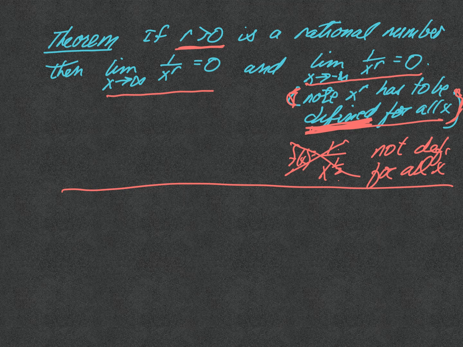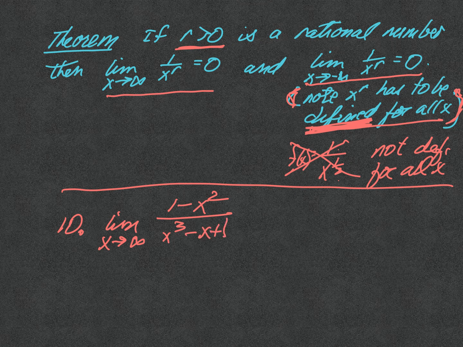So let's do number 10 out of your textbook. The limit as x approaches positive infinity of 1 minus x squared over x cubed minus x plus 1.